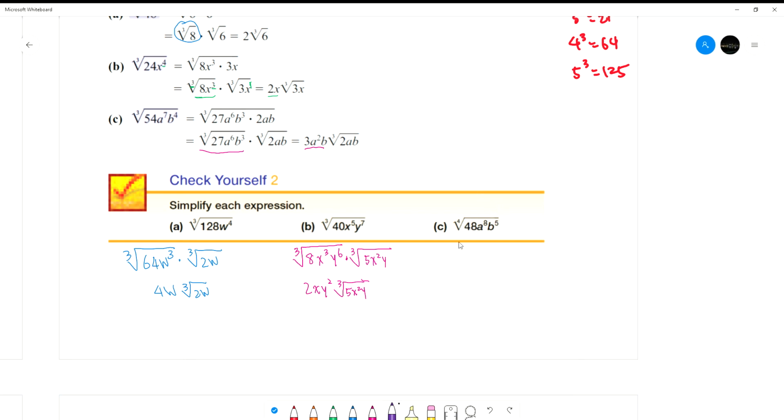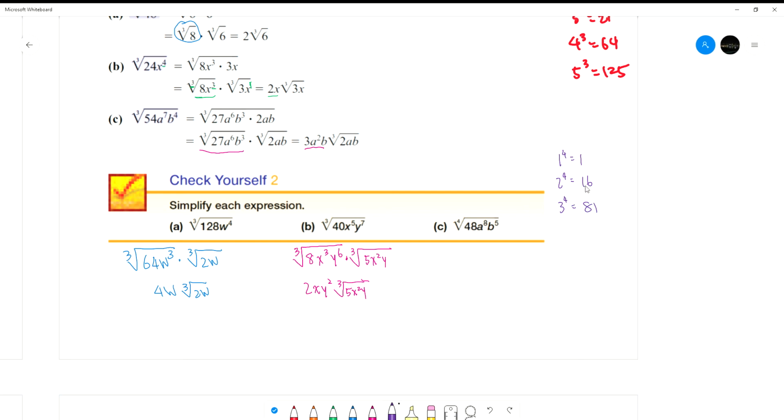The last one, what do we see here? 64 doesn't work, 27 doesn't work, 8 doesn't work. Oh, I'm sorry, this is the fourth root we're looking at. So let's write out the fourth roots real quick. 1 to the fourth is 1. By the way, an easy way to do these is to square it twice. So 2 squared is 4, and then 4 squared is 16. 3 to the fourth is 3 squared is 9, 9 squared is 81.